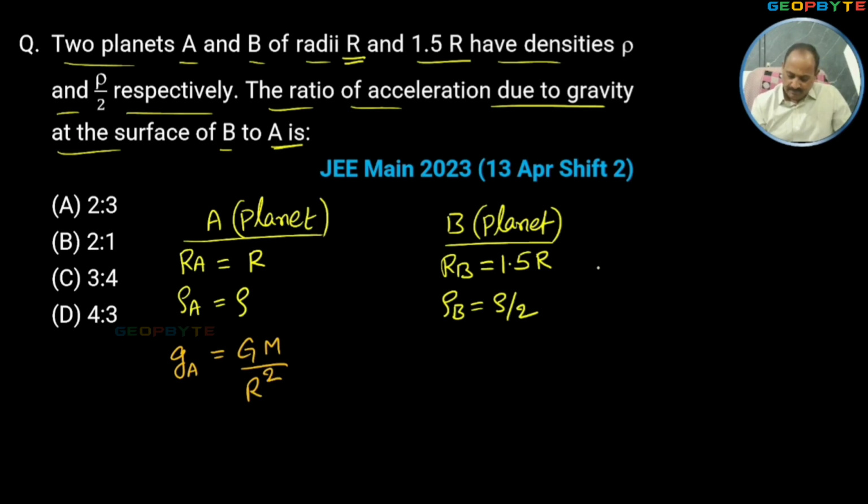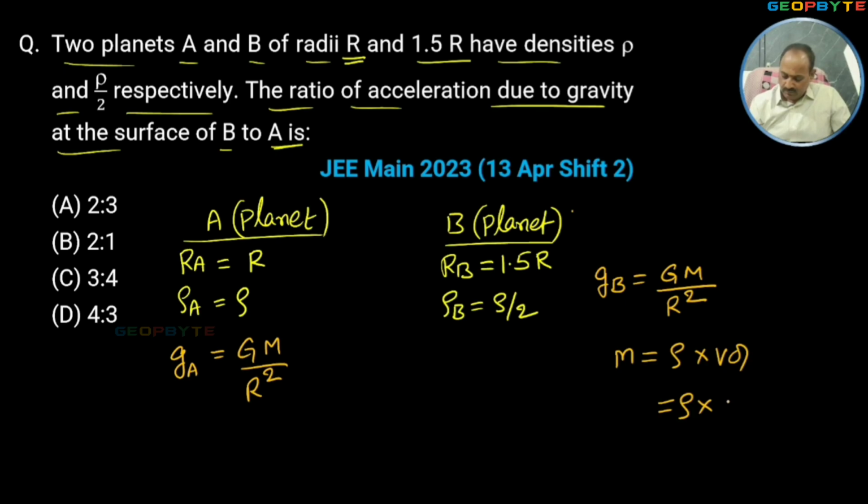Similarly for B, GB equals GM by R squared. But as you know, the mass equals density multiplied by volume, and volume equals 4 by 3 pi r cubed.